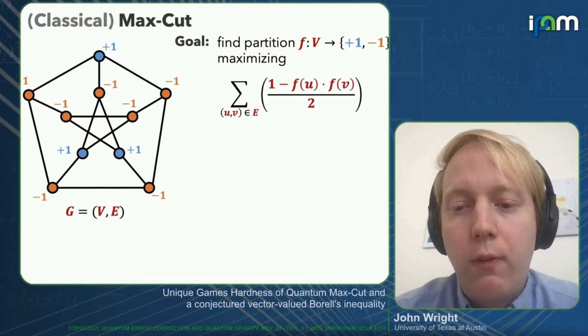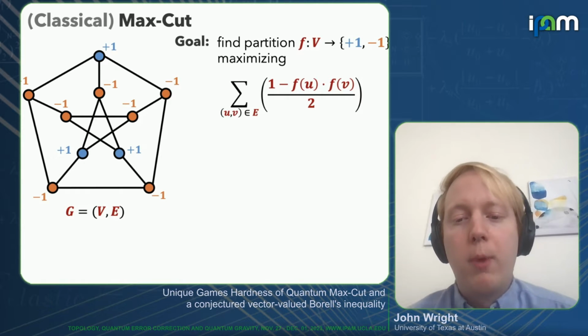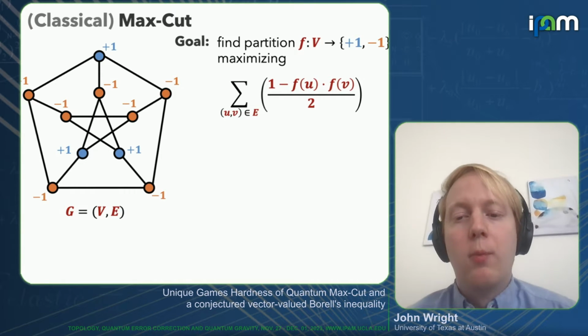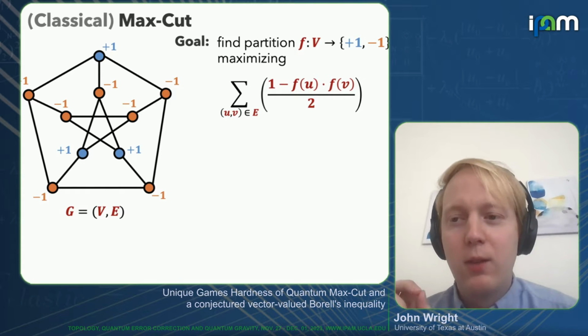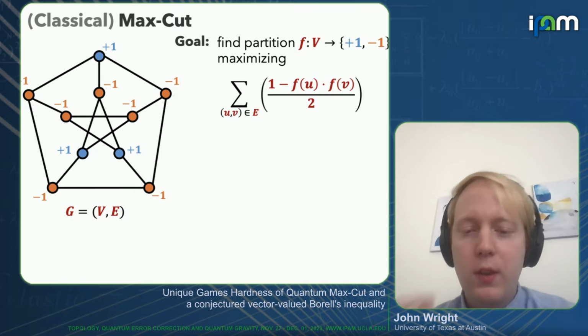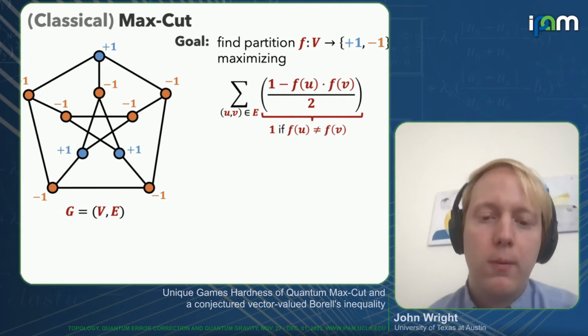So if F(U) and F(V) are both assigned +1 or -1, this is (1 - 1)/2, which is 0. And if they're assigned different numbers, then what you wind up with is (1 - (-1))/2, which is a 1. So this is indeed 1 if F(U) is not equal to F(V), and it is 0 otherwise.